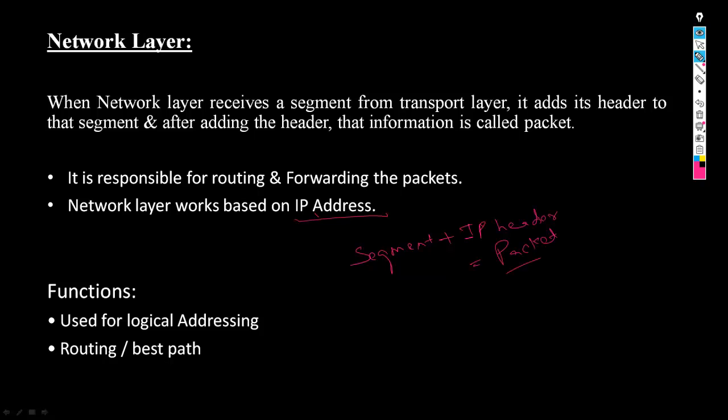It determines the best path to move data from source to the destination based on network's condition and priority of service and other factors. So its function is to choose the best path, and it is responsible for routing and forwarding the data. And network layer is used for logical addressing.